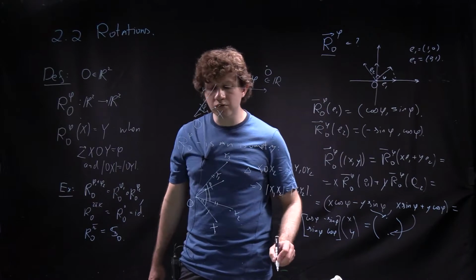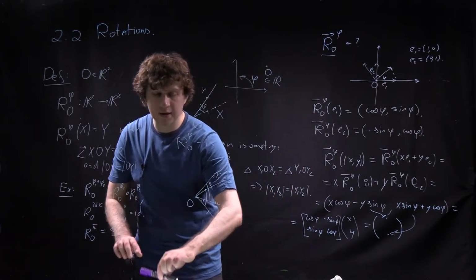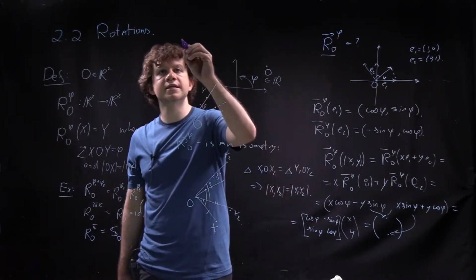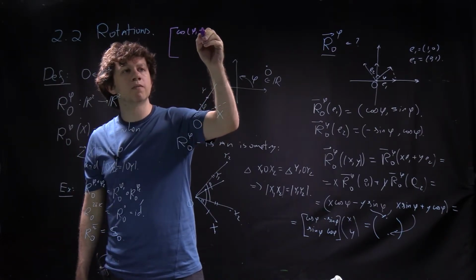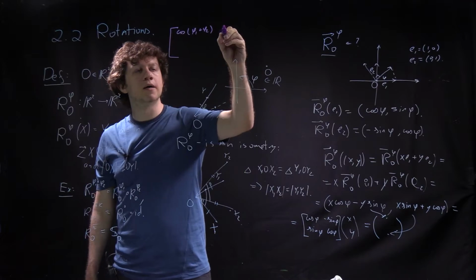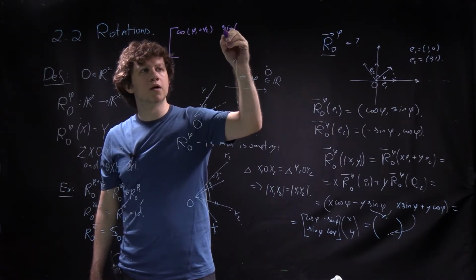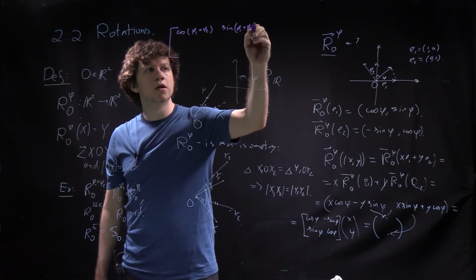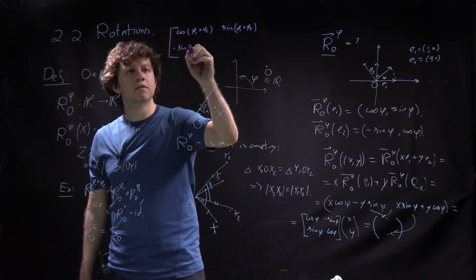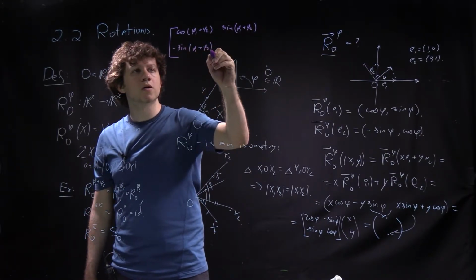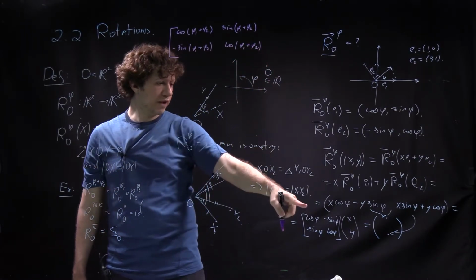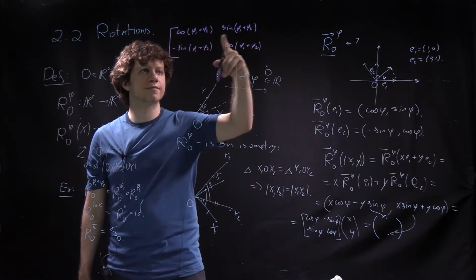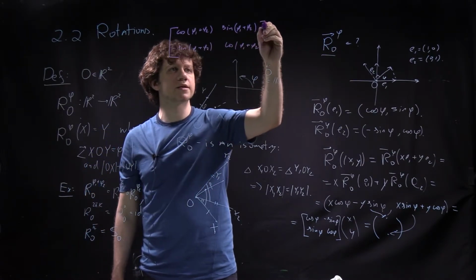And this is indeed true, and actually this identity in matrix form is a statement that if I take a matrix cosine phi1 plus phi2, sine phi1 plus phi2, minus sine phi1 plus phi2, cosine phi1 plus phi2. I have minus here and minus there, but I can change signs of both angles and this will be fine.